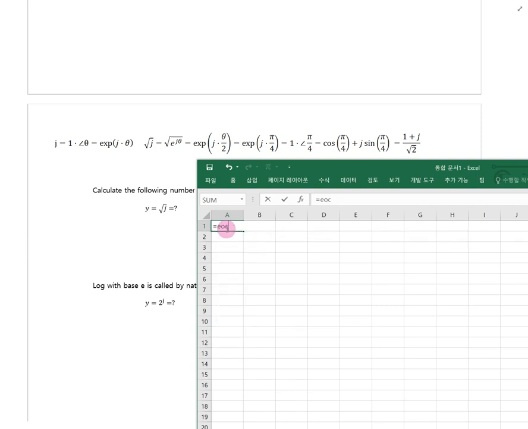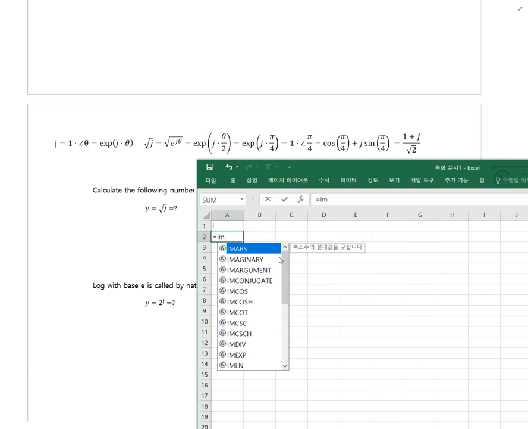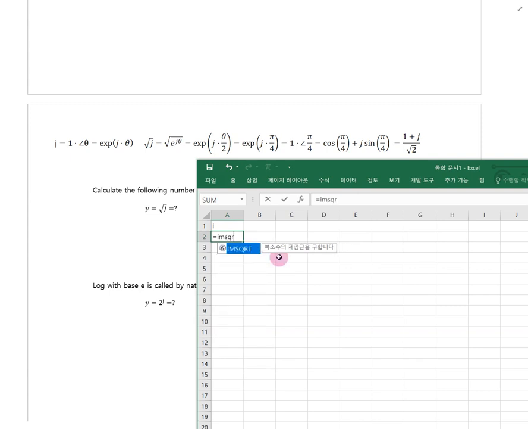A complex number defined by real part 0, imaginary part 1. This is i. This is a complex number. Then I would like to calculate the IMSQRT of the j one. You can see here 0.707 plus 0.707i. Okay, this is the imaginary part and this one is the real part, like that.